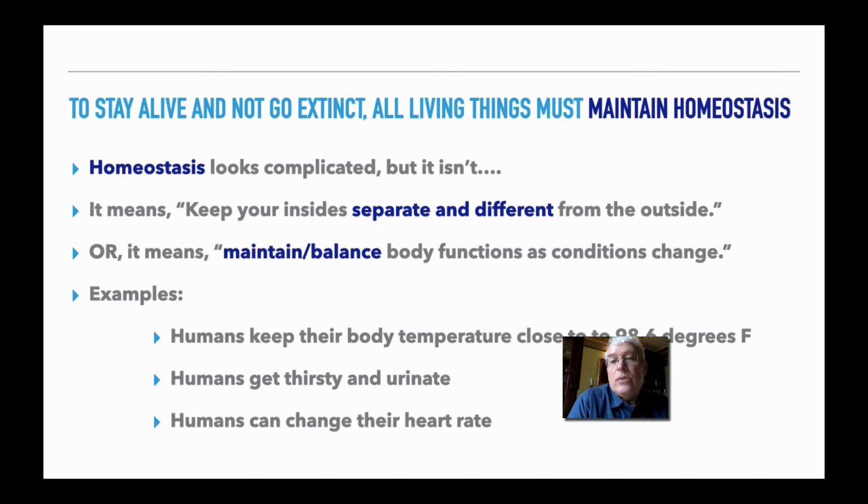So this is a case where homeostasis does not mean keeping something the same. Your heart rate, or how fast your heart is beating, can speed up or slow down depending on what your body needs to do. So if you need to exercise and work hard, your heart is going to speed up. But if you're resting or sitting or just relaxing, your heart rate is going to slow down.